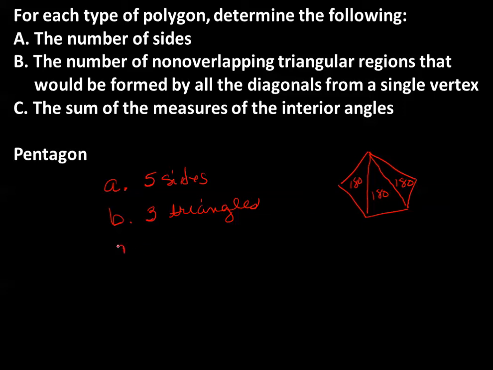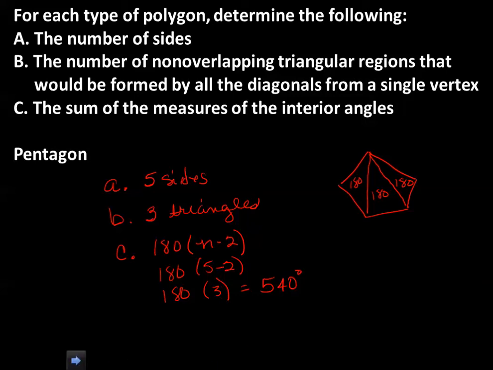But remember, our formula that we figured out said I can take 180 times n minus 2, right? So if it has 5 sides, that means 180 times 3, and so there we go, 540 degrees.